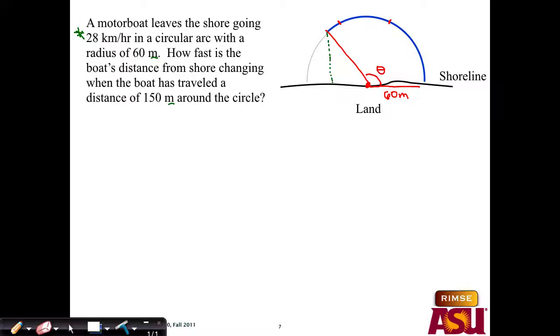Yeah, 28 kilometers is the same as 28,000 meters. I'll just make that one change. So we have everything in terms of meters, meters per hour. Those rates ought to work better together.